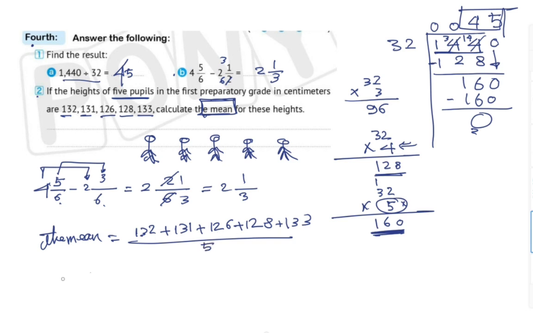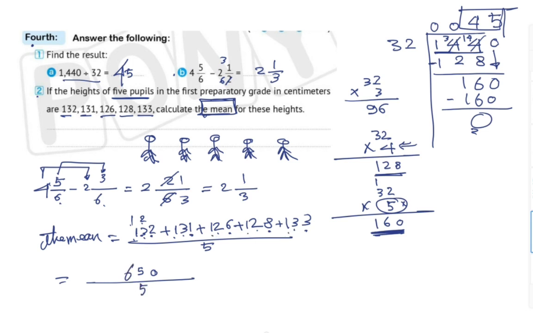Now you can add: 2 plus 1, 3, 9, 17, 20, 0, carry 2. 2 plus 3, 5, 8, 10, 12, 15. 5, carry 1. 1 plus 1, 2, 3, 4, 5, 6.